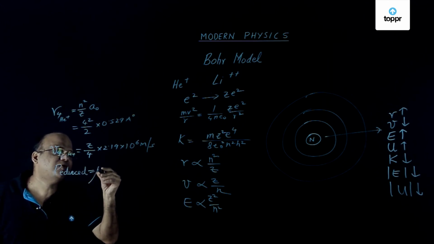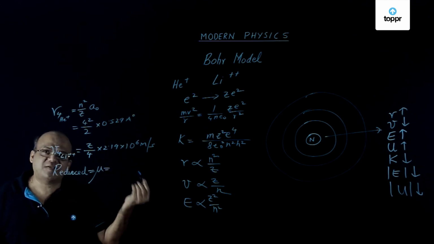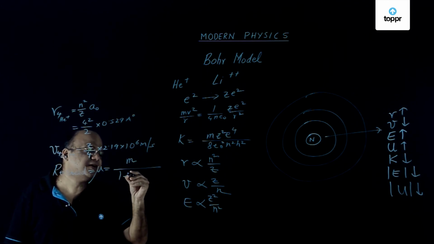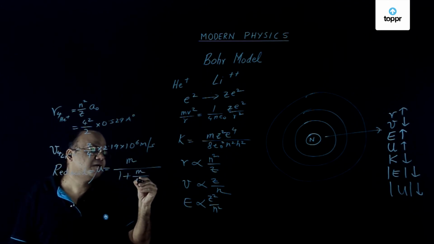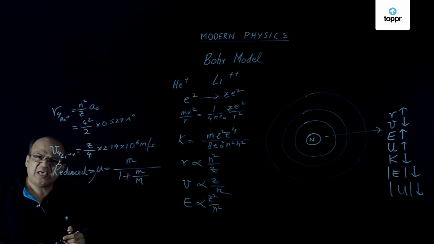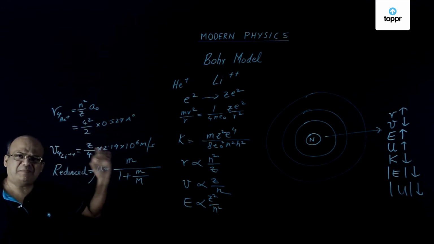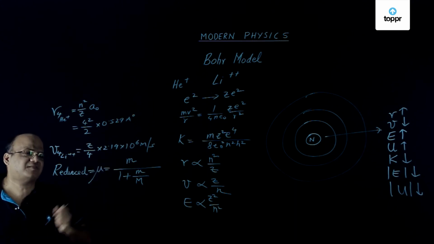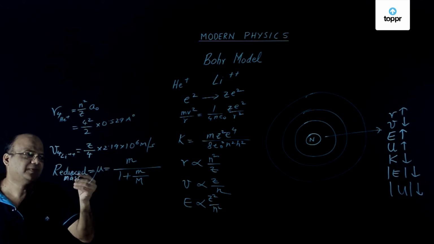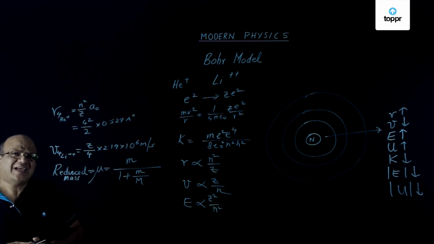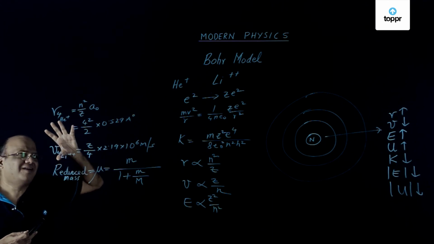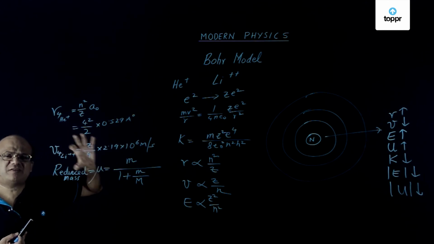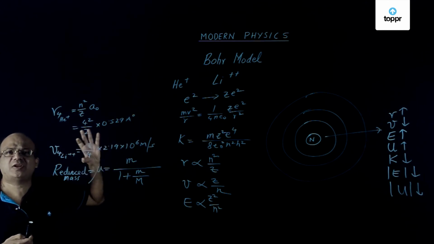This is given by mu. Mu is the symbol for reduced mass. This is mass of electron by 1 plus mass of electron by mass of nucleus. If in every equation we replace the mass of the electron by its reduced mass, then it takes care of the effect of the mutual attraction between electron and nucleus.